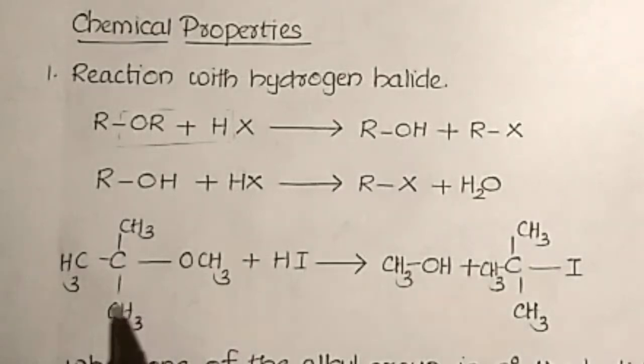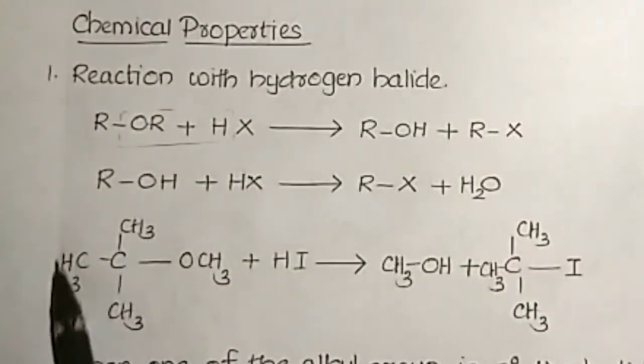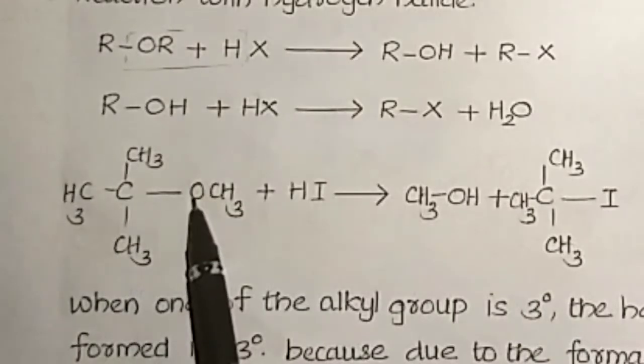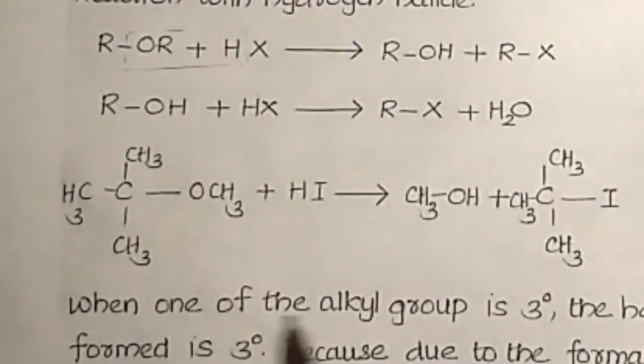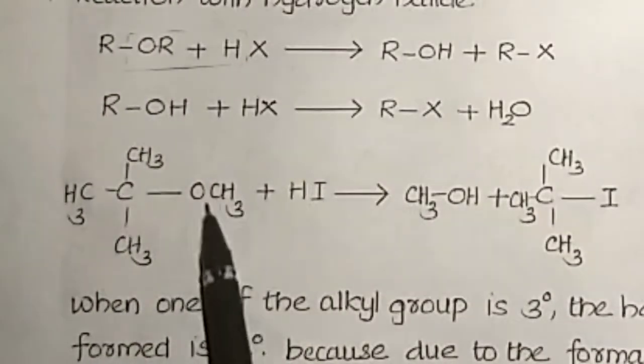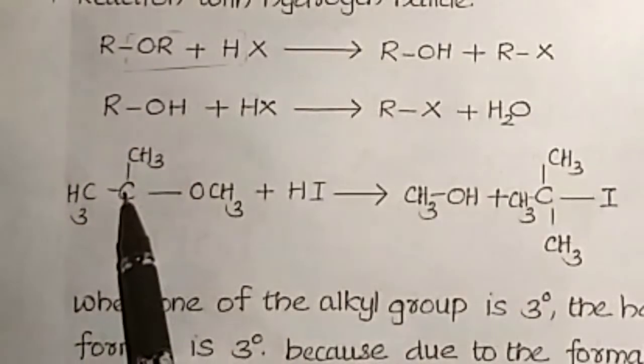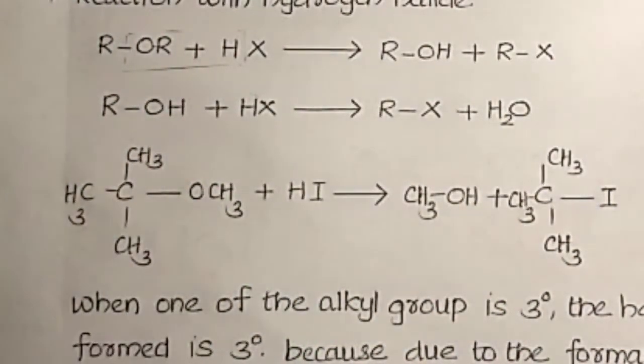Then listen, if one substituent present in this ether group, one of the alkyl groups, is tertiary, that is, here on the oxygen this is only a CH3 group, but the other is a tertiary alkyl group.